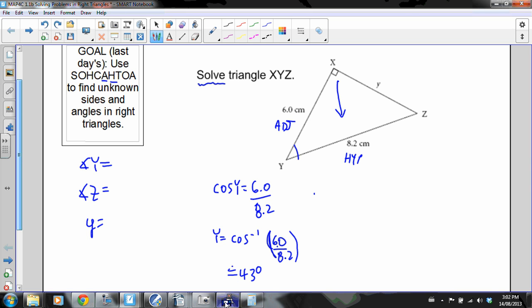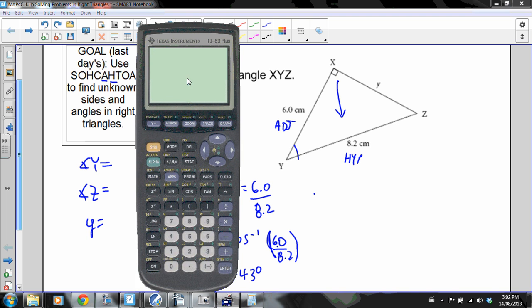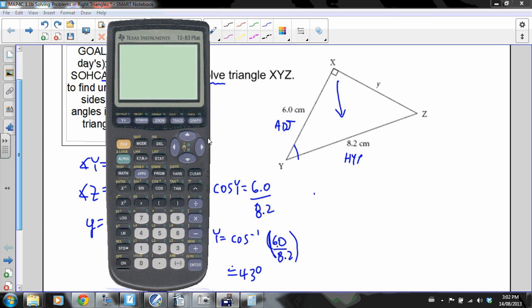A lot of you have a newer, better calculator, and they actually behave kind of like the graphing calculators here. So I'm going to show you how it's nicer on these. Most people have calculators like this where when you hit something you can actually see it as you hit it, instead of it building up in the calculator memory. So I'm just going to type in exactly what I read and it's going to do it for me.